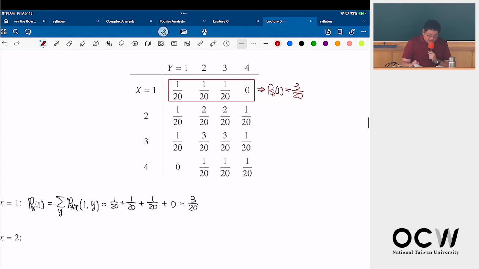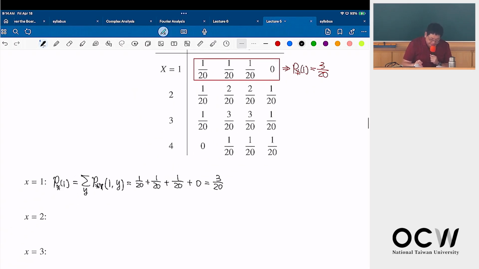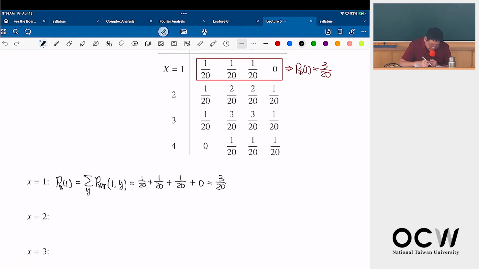And similarly, you get the marginal PMF of x at 2.